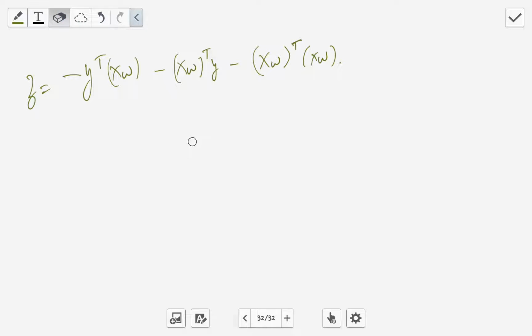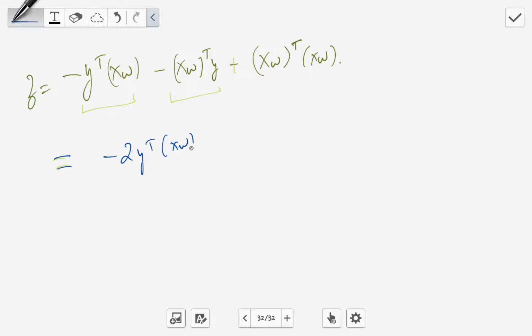Now let us see. These two are scalars, because both of these belong to R^D. So both of these are equal, since it is a scalar, I can transpose one to get the other. So we can write this as minus 2y transpose xw plus xw transpose xw.